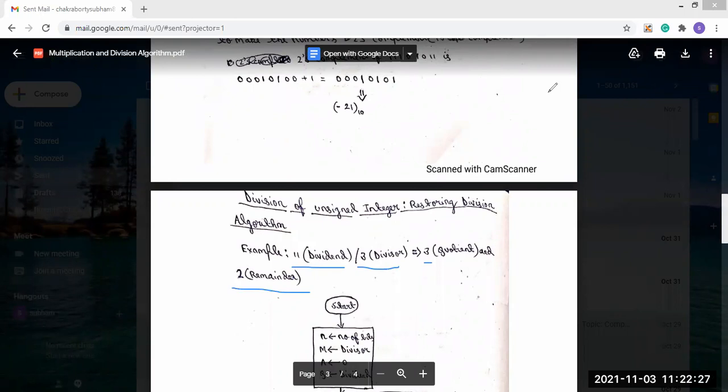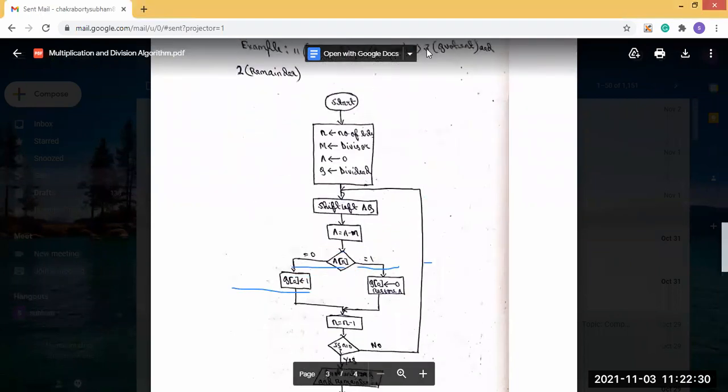So first let us understand the flow chart. It will start, then after start comes the initialization step. Here n is the number of bits and M is the divisor. A is the accumulator, which is initialized with 0, and capital Q is the dividend.